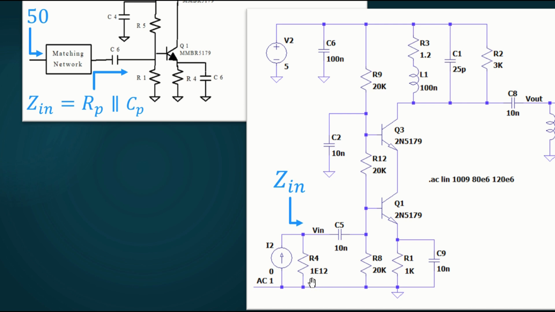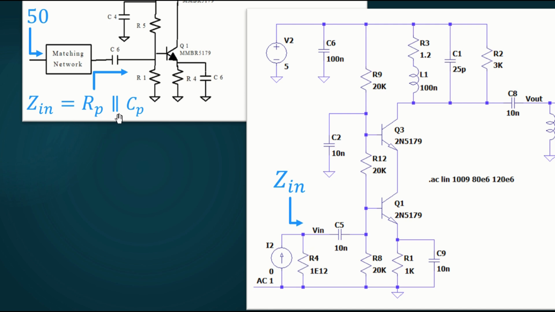I did throw in a 1 times 10 to the 12th ohm resistor. That's to prevent what are called convergence problems in simulations, which sometimes occur if you have a current source driving into a capacitor. That's the purpose of that. It doesn't affect anything because it's 1 times 10 to the 12th ohms, so it's essentially an open circuit, but it does satisfy the simulation algorithm.